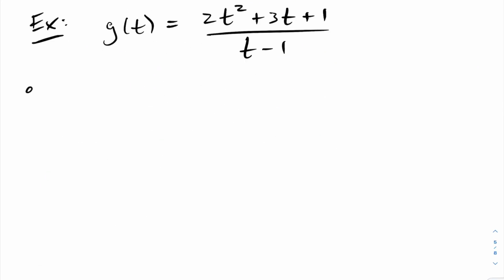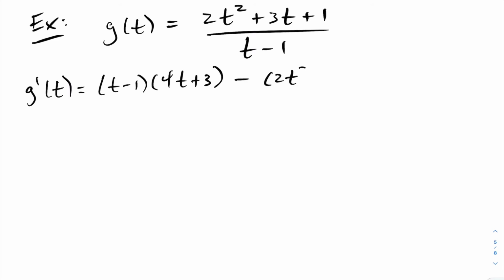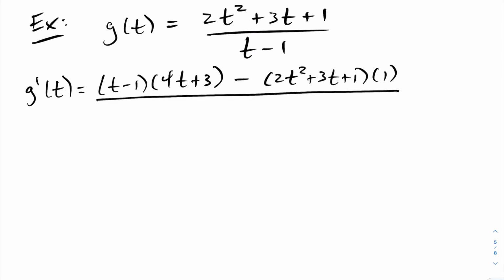For the next question here, we want to find g prime at t. Again, using the quotient rule, we're going to go ahead and take the bottom times the derivative of the top, which is 4t plus 3, minus the top, times the derivative of the bottom is just 1, and we take that entire expression and divide it by the bottom squared.